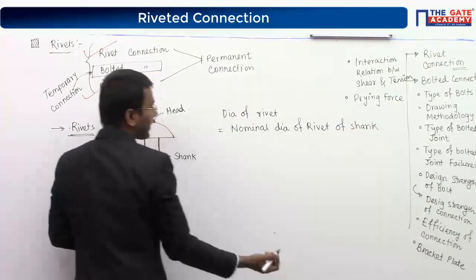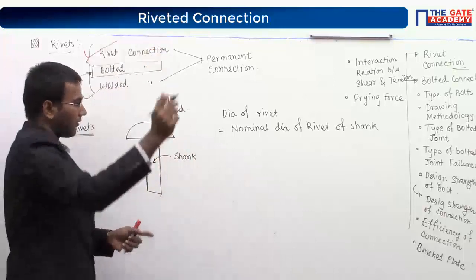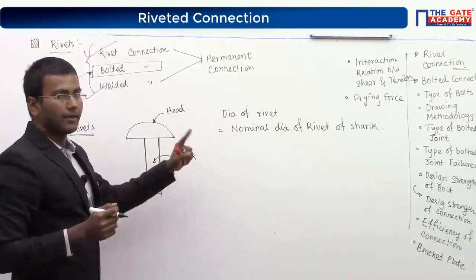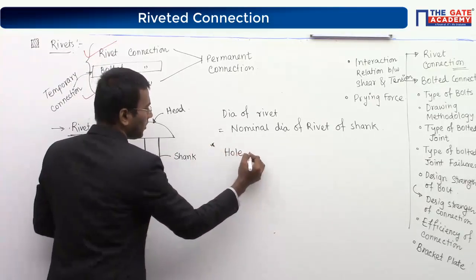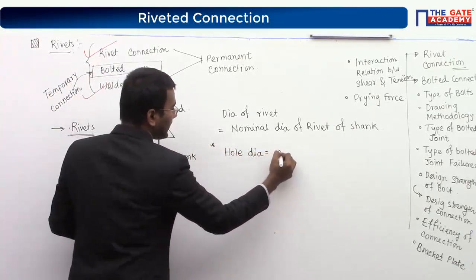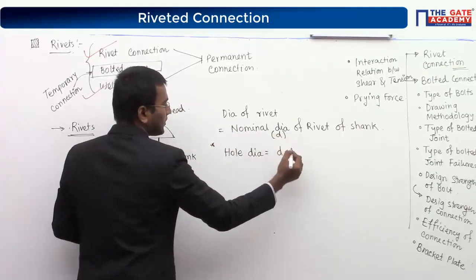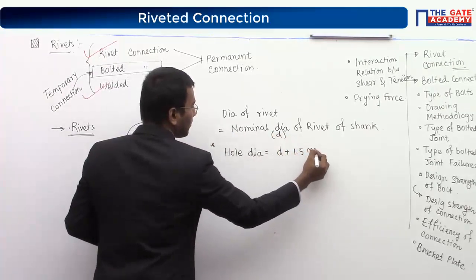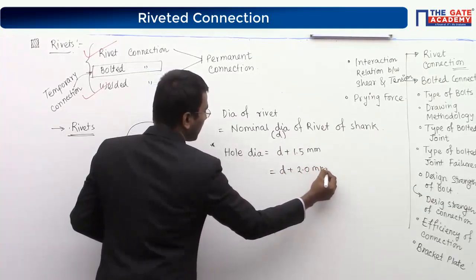We are not taking the diameter of the head, we are taking the diameter of the shank. Now if this is the nominal diameter of the rivet, then the hole diameter is equal to d plus 1.5 mm or d plus 2 mm, where d is the nominal diameter.